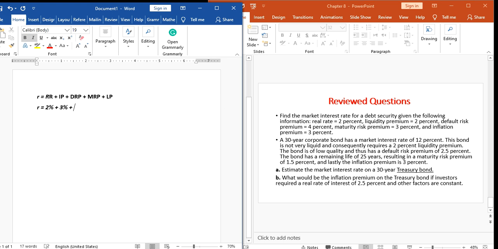Let's find the items as they are given in order. Now, default risk premium is 4%, plus maturity risk premium, which is 3%, and lastly, liquidity risk premium, which is 2%.